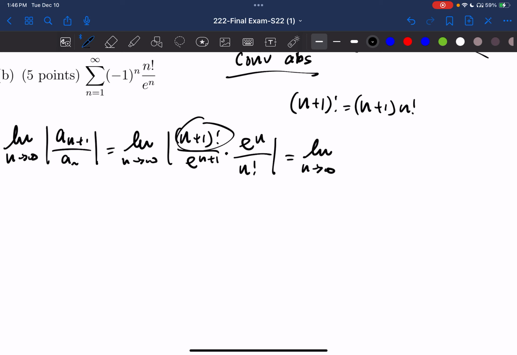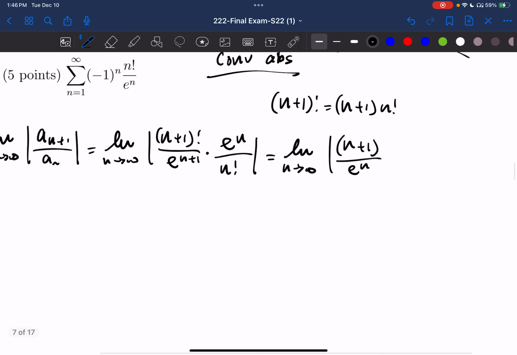Therefore, replacing this with this, we can see that the n factorial will cancel. So we will just have an n plus 1 on top. E to the n power will cancel with one of the e to the n's, therefore leaving us with 1 e to the n left on the bottom.